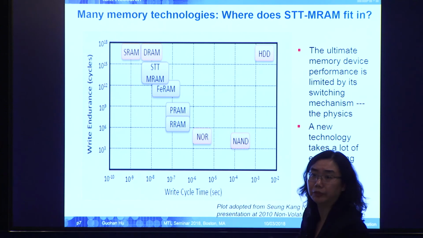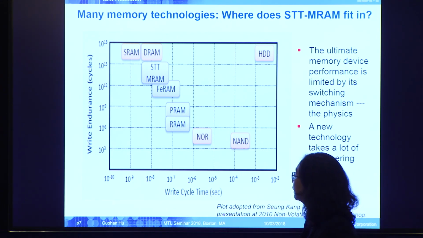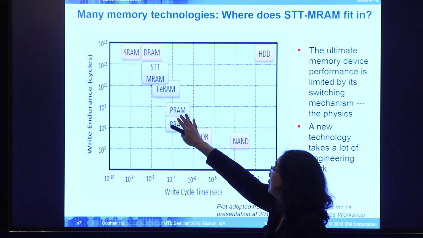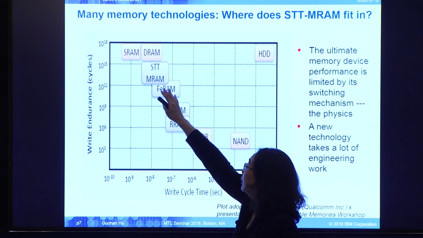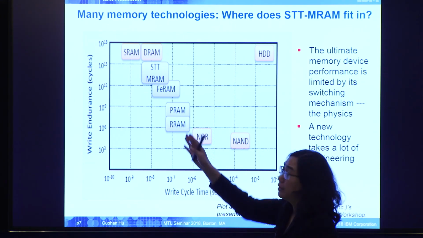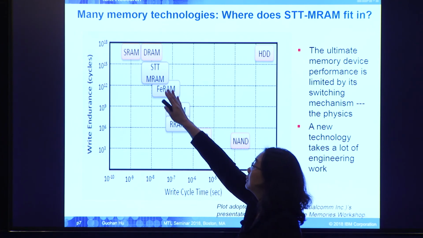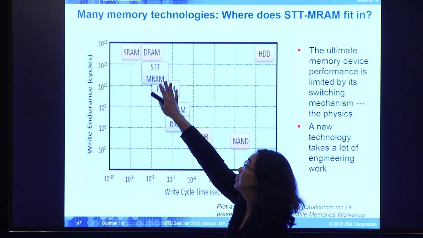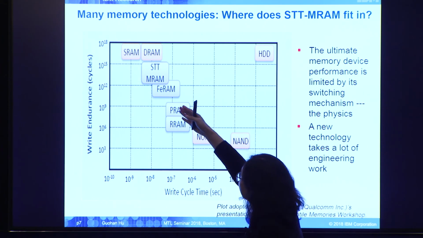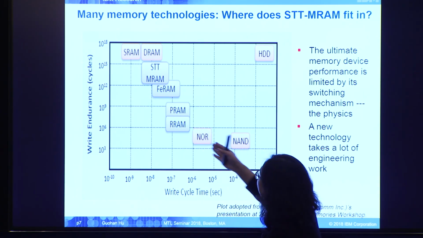I just listed a few which were studied more extensively: resistive RAM, phase change RAM, ferroelectric RAM, and also STT-MRAM. In terms of intrinsic switching property, STT-MRAM is the only one that gets close to SRAM and DRAM.